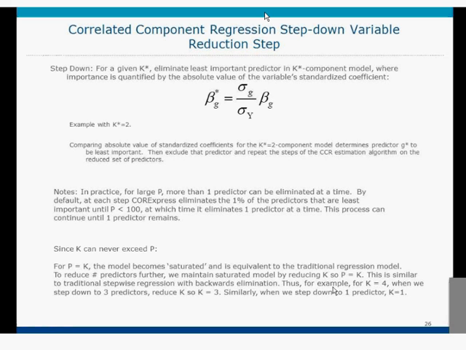In other words, suppose we had K equal to 4. When we step down to 3 predictors, we reduce K, so K equals 3. And that's similar to what's done in stepwise exclusion in traditional stepwise regression. Basically, you're maintaining the saturated model at each step. So that's done automatically by the program.